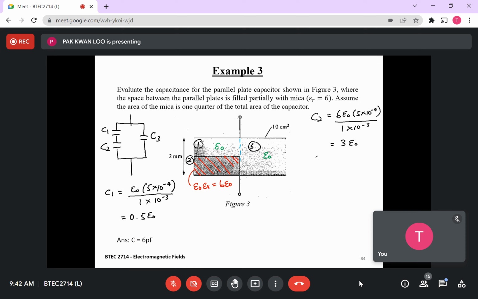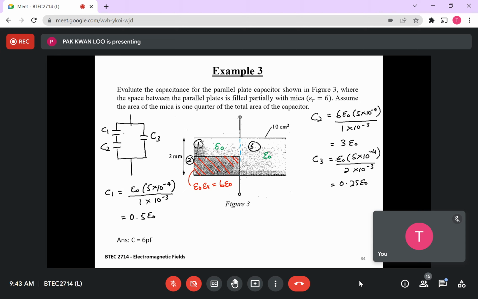And then C3 is epsilon naught times the area, again 5 times 10 to the power of negative 4, but the thickness now will be 2 mm. So it's 0.25 epsilon naught.